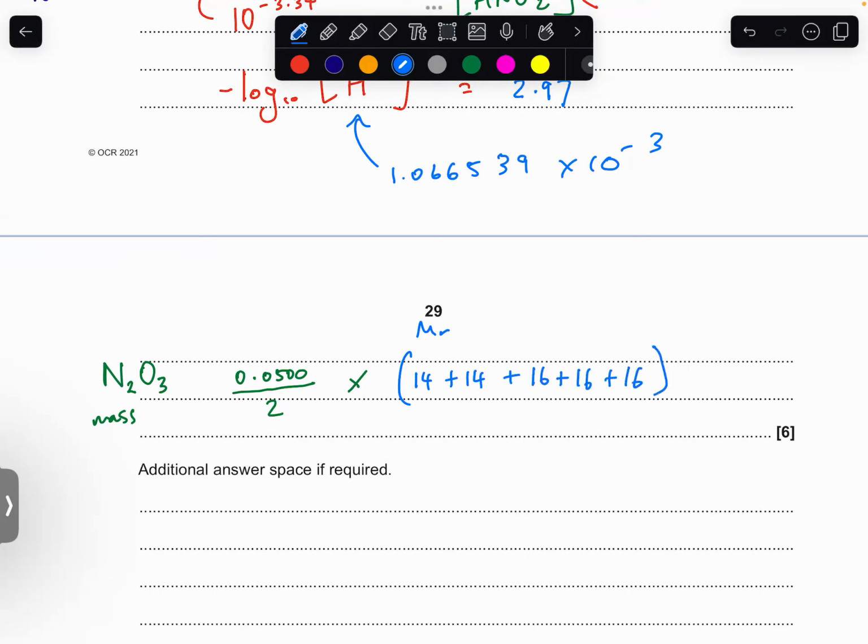What does that give you? 28 plus 48, 76. Wonderful. So 0.05 divided by 2 multiplied by 76 gives you 1.9 grams of mass required.